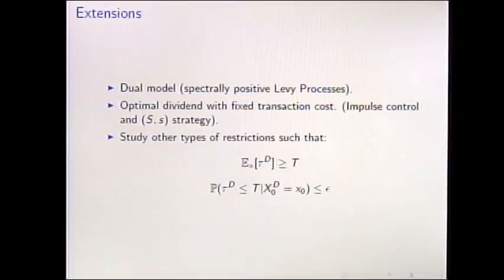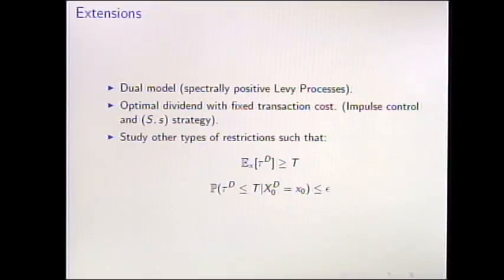Some extensions we are working on now are in the dual model, in which case the process is a spectrally positive Levy process. So we have a negative drift and jumps upwards. We can try to do something similar when we have a fixed transaction cost.